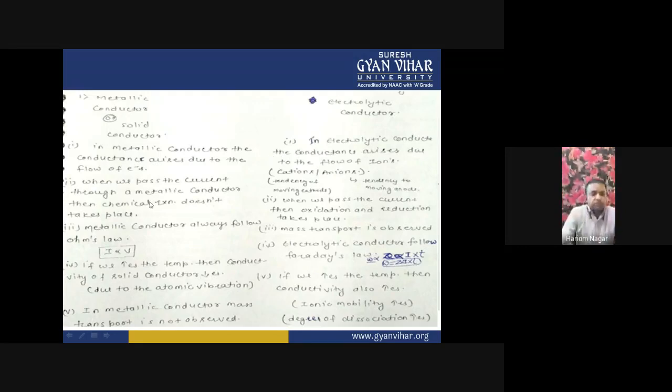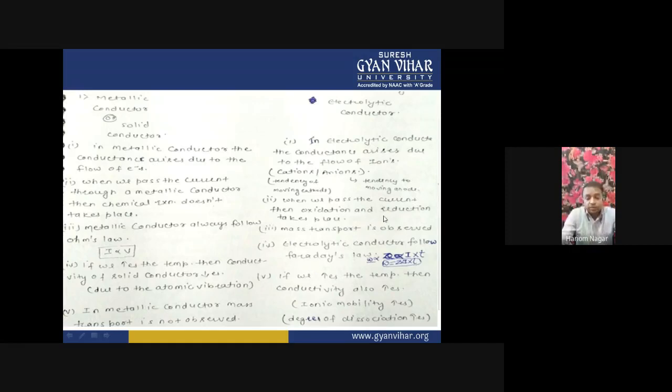The second thing is, when we pass the current through metallic conductors, then a chemical reaction doesn't take place. So in the case of metallic conductors, in the case of wires, there is no chemical reaction. But if we talk about the electrolytic conductors, then a chemical reaction takes place.